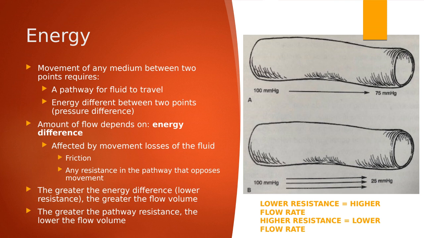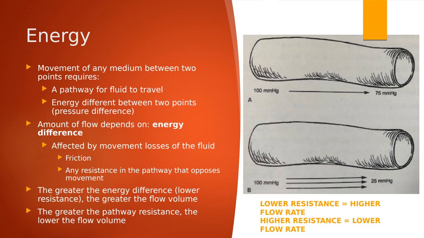It's also going to be affected by movement losses of the fluid. So as that fluid travels, we have friction that we have to account for. Any resistance in a pathway, we need to account for. So if a patient has plaque in their artery, that's going to be resistance to movement. That's something that we're going to have to consider when we're talking about energy levels and energy differences in terms of this fluid dynamic.